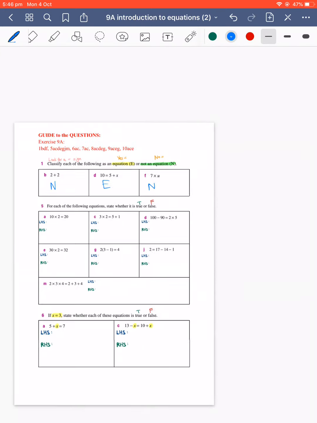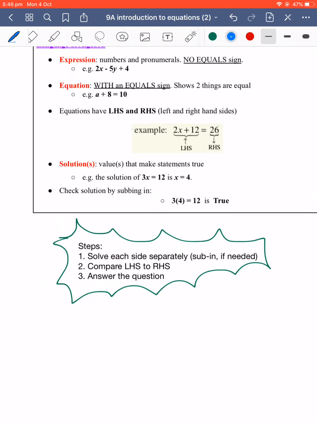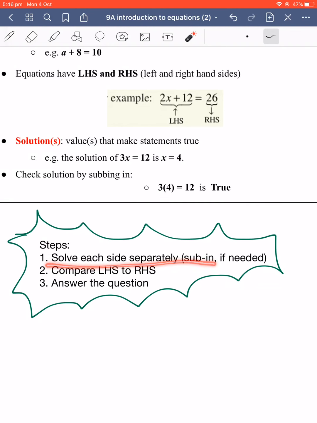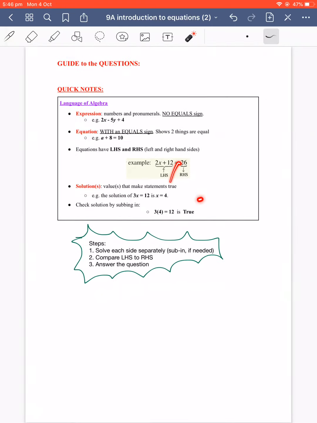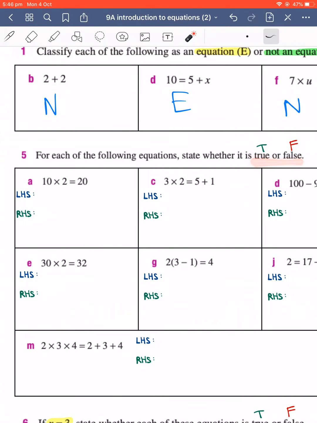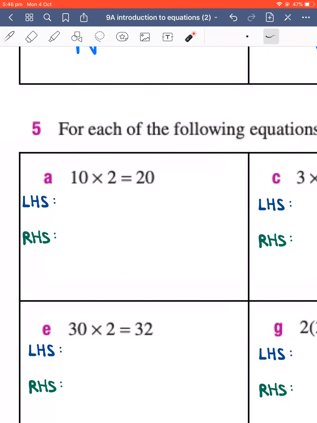Next one, we are doing that process where we are following these steps. We solve each side separately, so we've got our left-hand side and our right-hand side, then we compare them, and then we answer our question. For this particular question, we're going to find out in the end if it's true or false. So let's have a look at each of the sides.